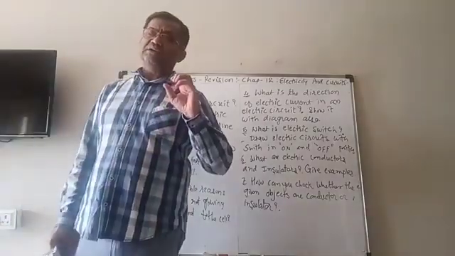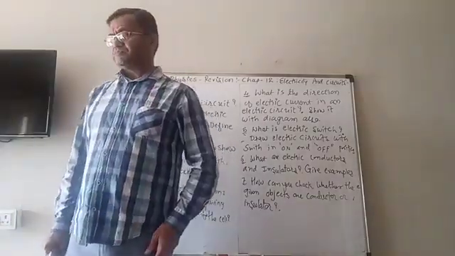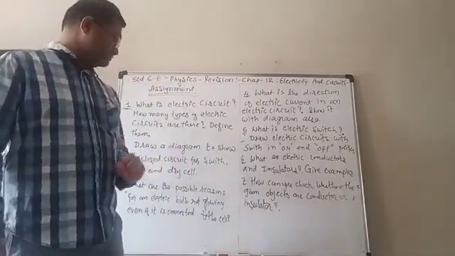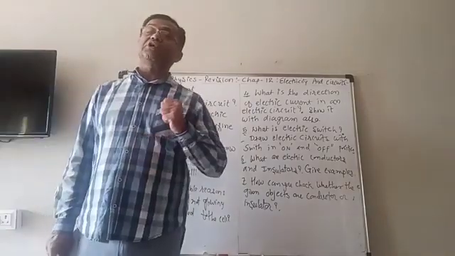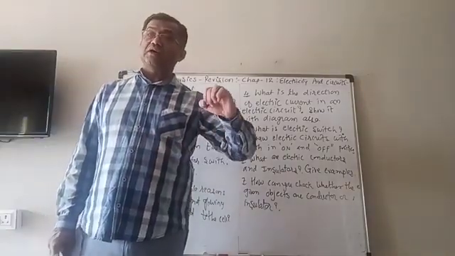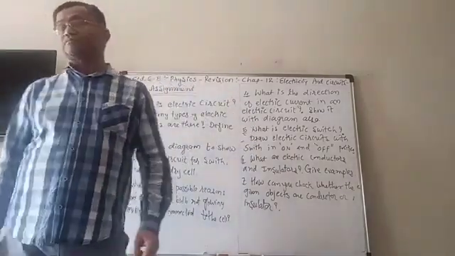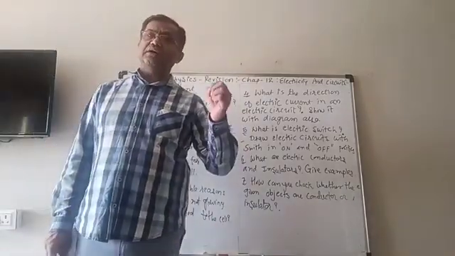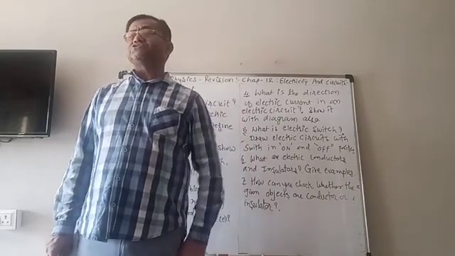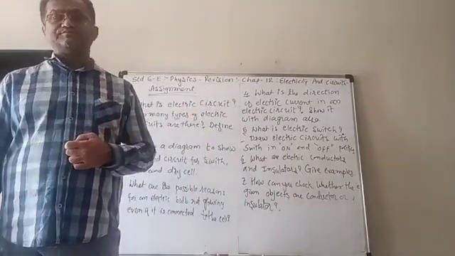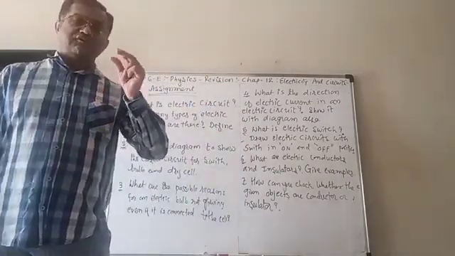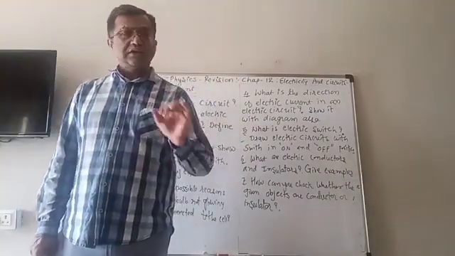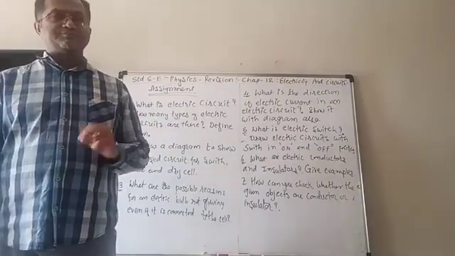So, in the circuit, if the bulb is joined with the cell but it is not glowing, what can be the possible reasons for it? The first reason can be that the connection is not joined properly. If one of the wires is loose, not in contact, then it cannot glow the bulb.